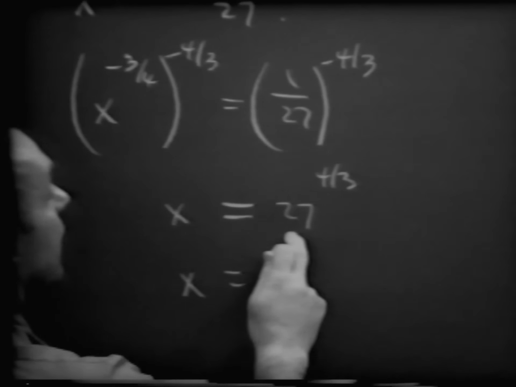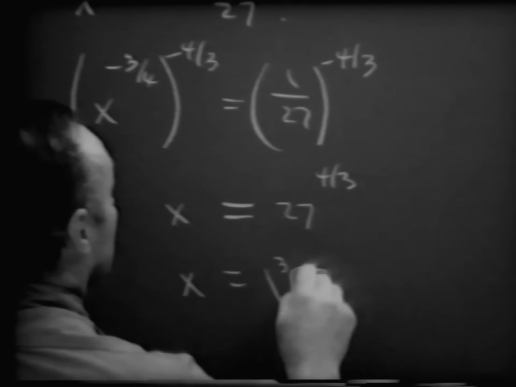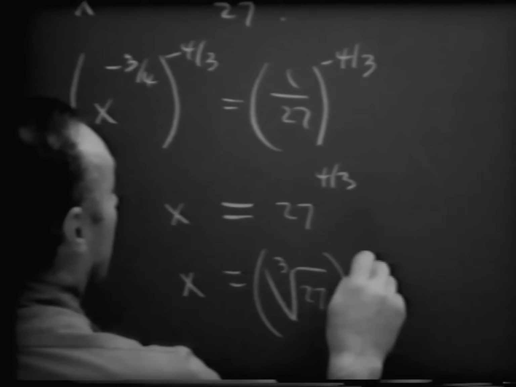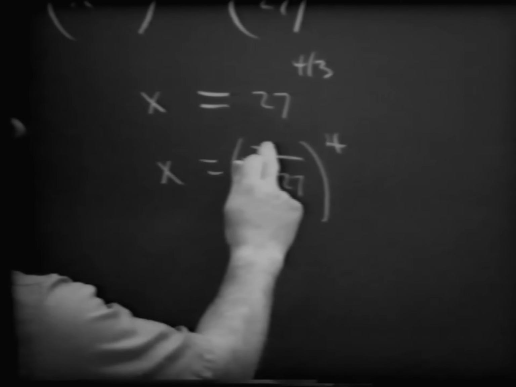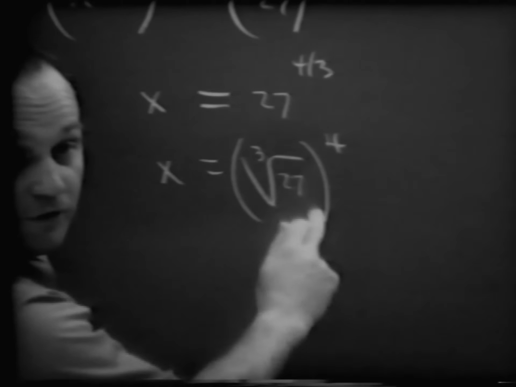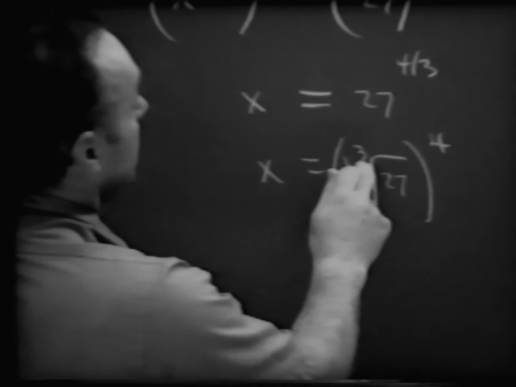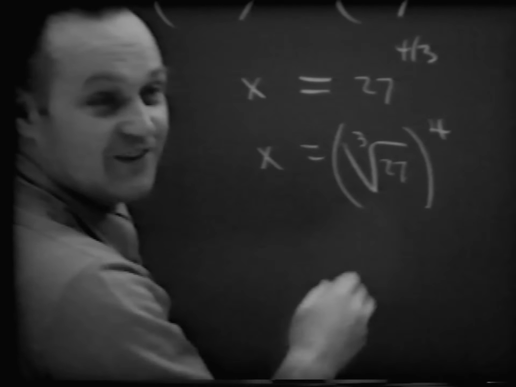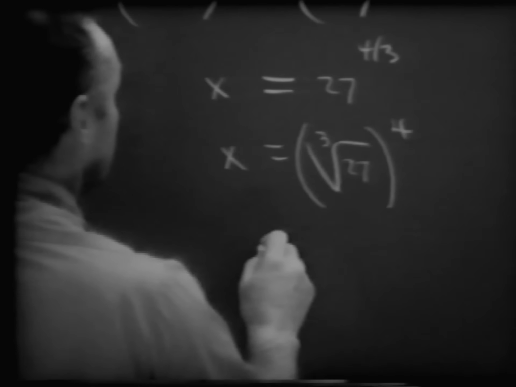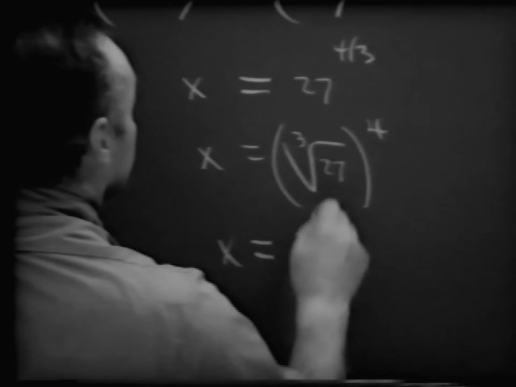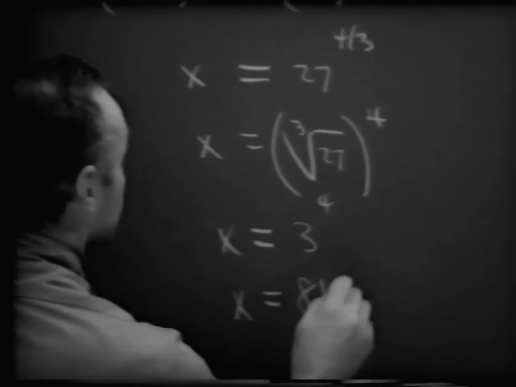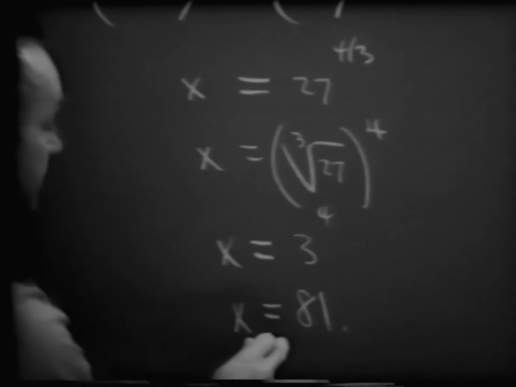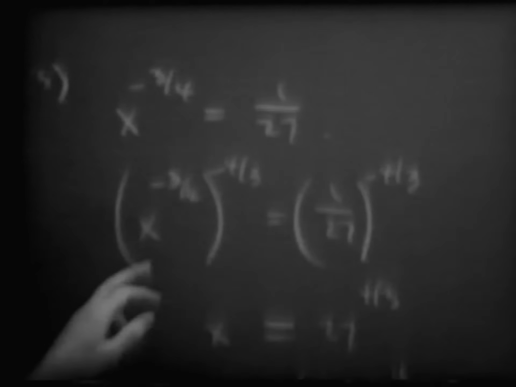The cube root of 27, all raised to the 4th power. I think it's a lot easier to look at it this way than the cube root of 27 to the 4th, because that's a rather large number. The cube root of 27 is a smaller number, which is what? 3. And then that number 3 to the 4th power is equal to what? 81. That then is equal to 81, and that then is the solution, the root of this equation, x to the negative 3/4 power is equal to 1/27.